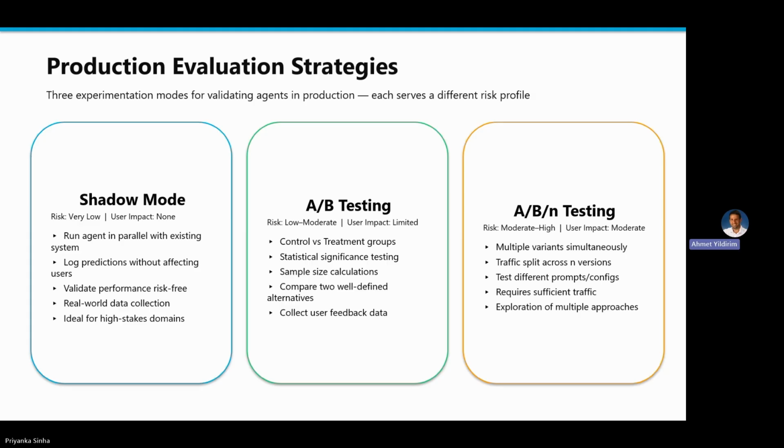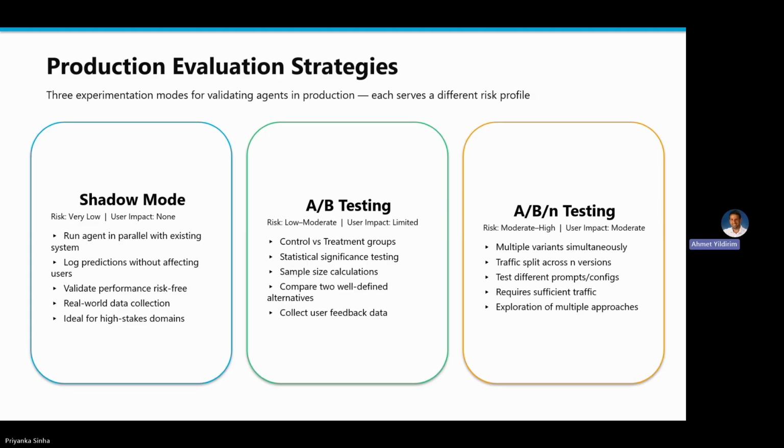A/B testing has low to moderate risk with limited user impact. So you are splitting traffic between a control and treatment group. We will come to its details in the upcoming slides. A/B/N testing has moderate to high risk with moderate user impact. So you are testing multiple variants simultaneously.